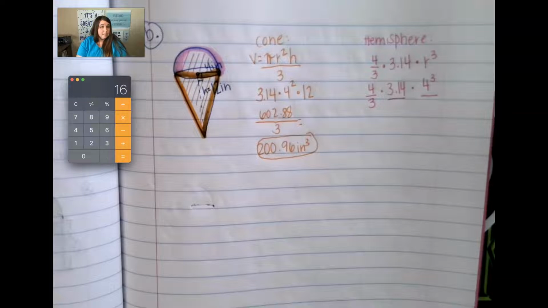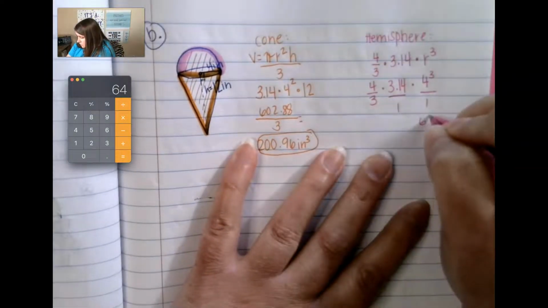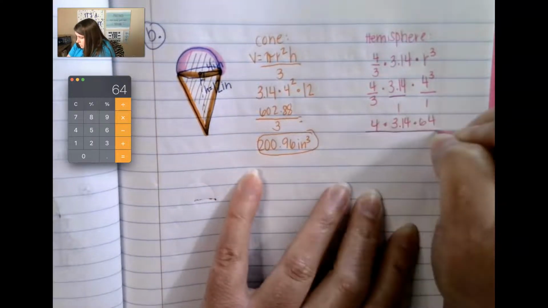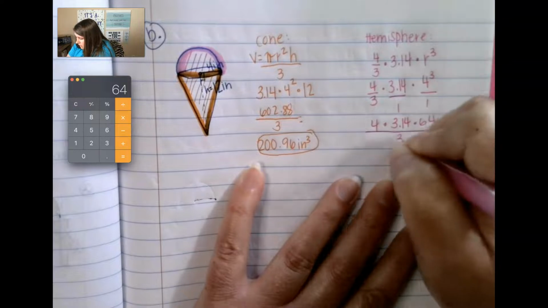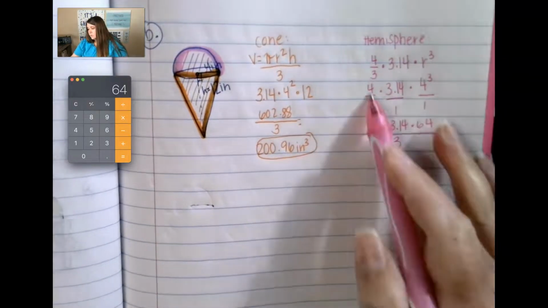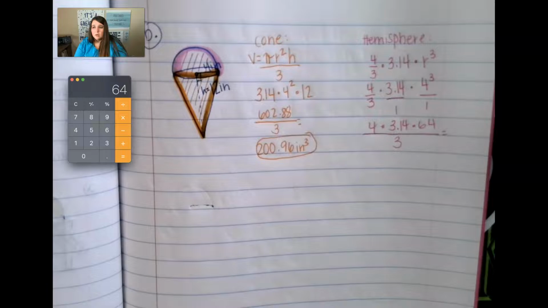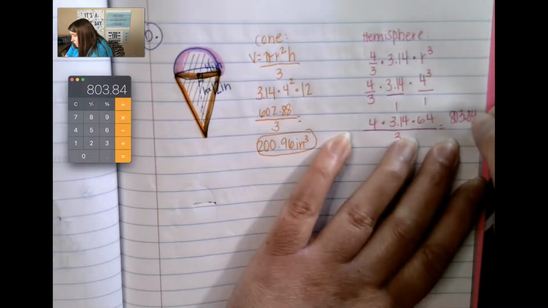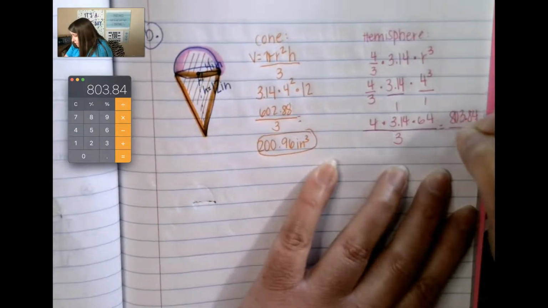Well, 4 times 4 is 16, times another 4 gives us 64. So 64 times 3.14 times 4, all divided by 3 again. Okay, because 3 times 1 is 3. So we're going to do 4 times 3.14 is 12.56 times 64 is 803.84. Divide that by 3 now.